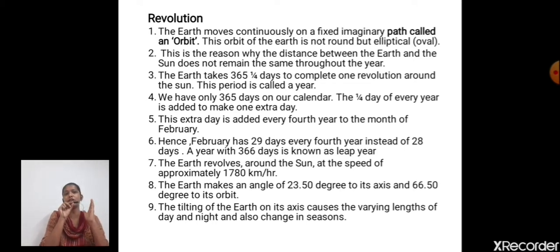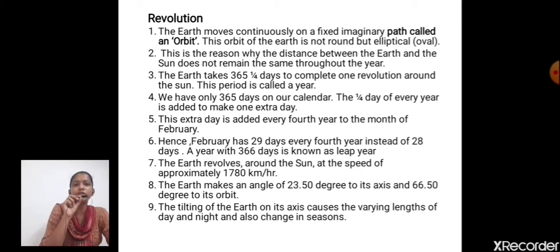If the earth is not tilted, and it takes the revolution and rotation, then we would not have a different season. Since it is tilted, it gets a different amount of sunlight, and that's how we get the seasons. The effects of revolution will make you understand in much more detail.